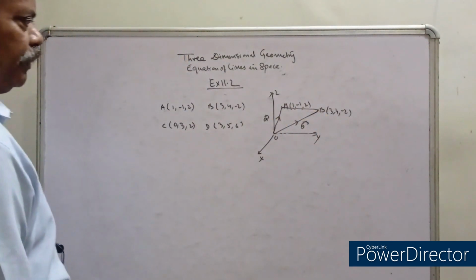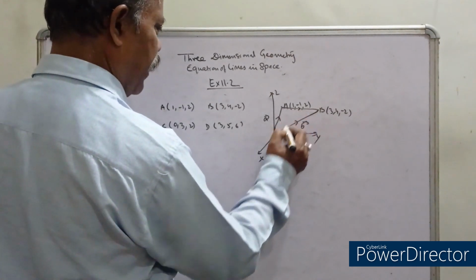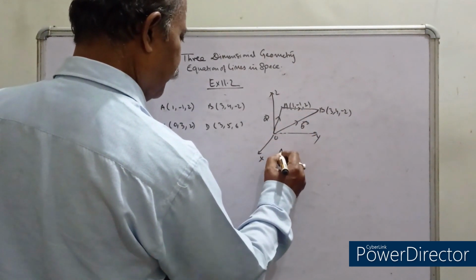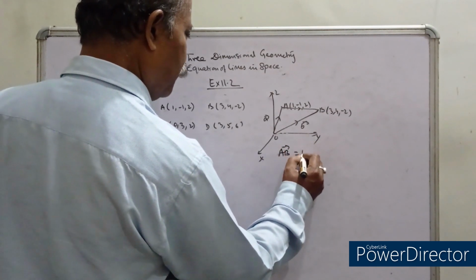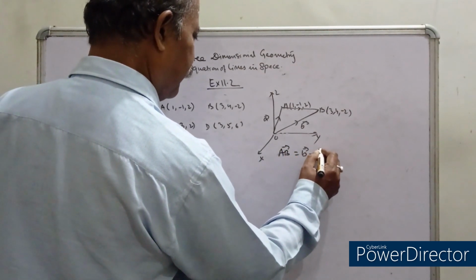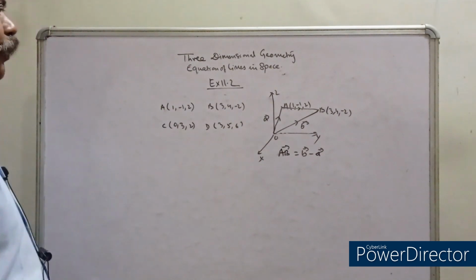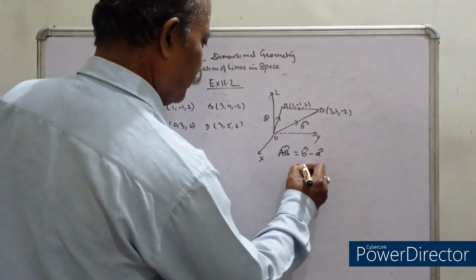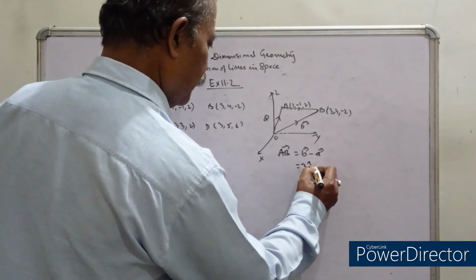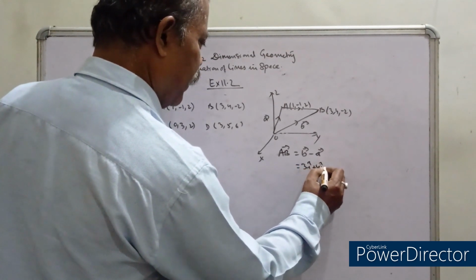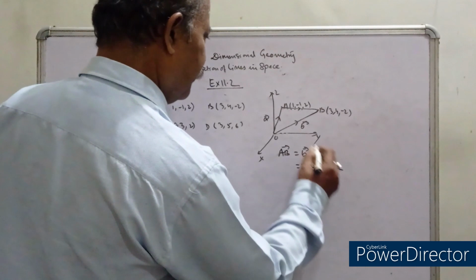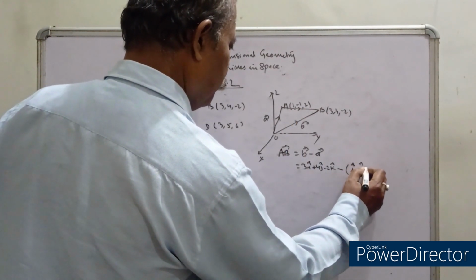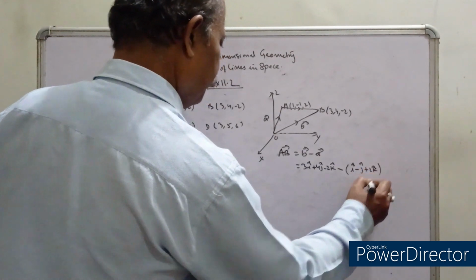If you have to find the AB vector, AB vector will be equal to B vector minus A vector. So this will be 3i cap plus 4j cap minus 2k cap, minus (i cap minus j cap plus 2k cap).